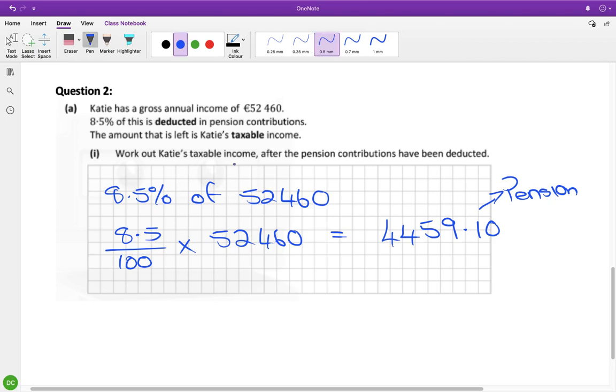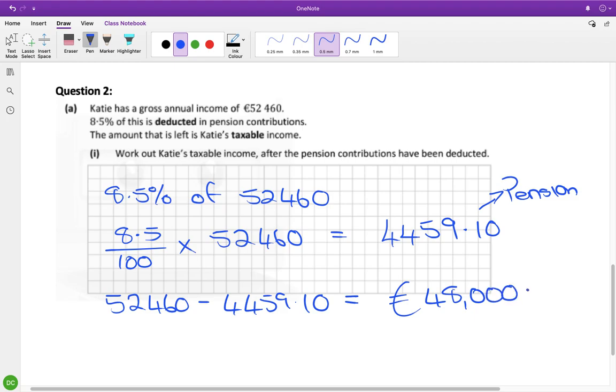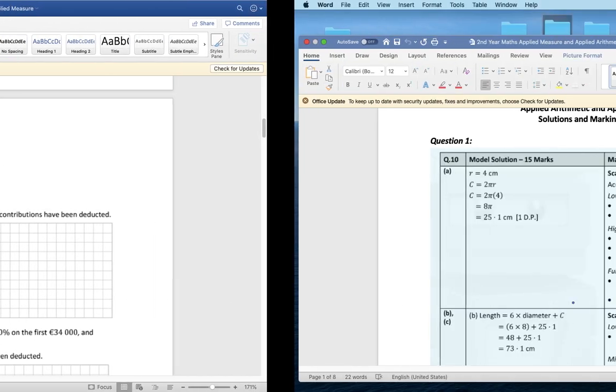So it says work out her taxable income after the pension has been deducted. So we have to get the 52,460 minus off the pension. So 52,460 minus the pension, and it doesn't say anything about decimal places. So €48,000 and 90 cents is her taxable income.